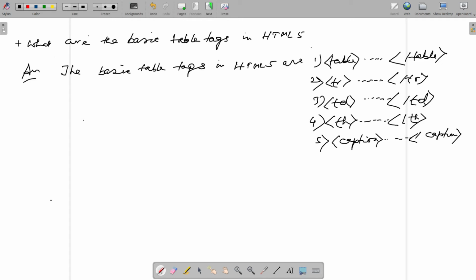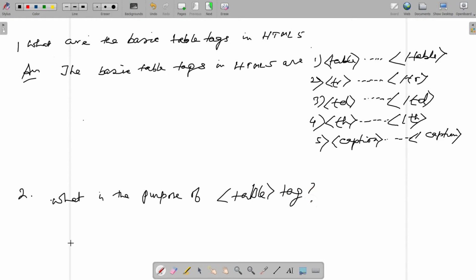Okay. So the second point is, what is the purpose of the table tag?